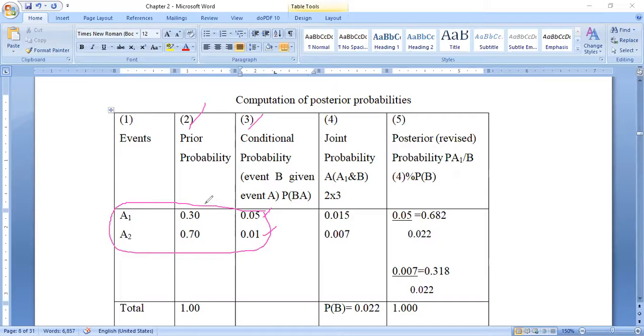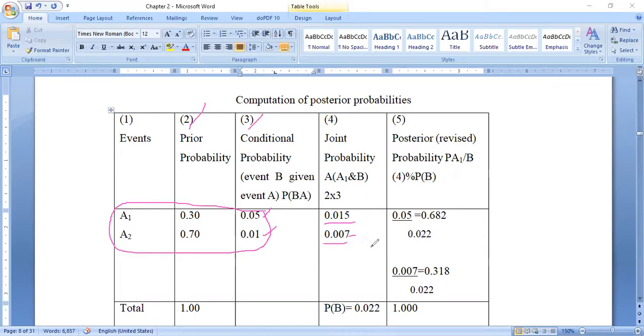Take a calculator and calculate, you will get 0.015. The same thing you need to repeat for machine 2: 0.70 into 0.01, that is 0.007. This is called JP, joint probability.